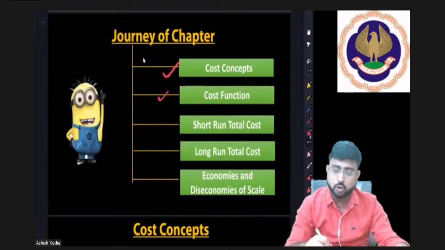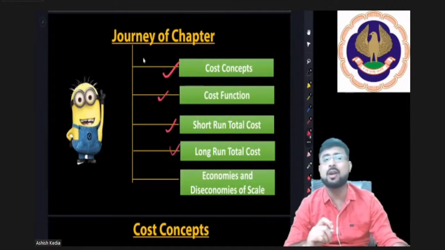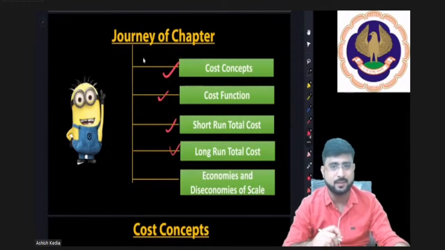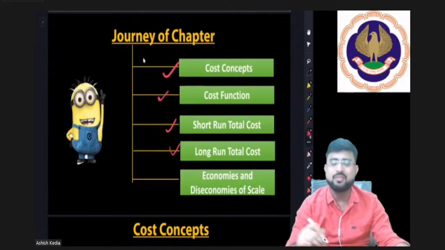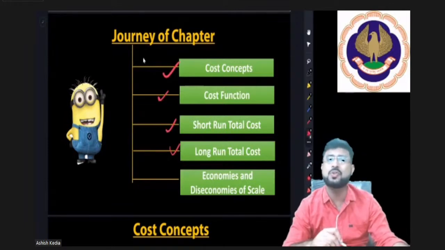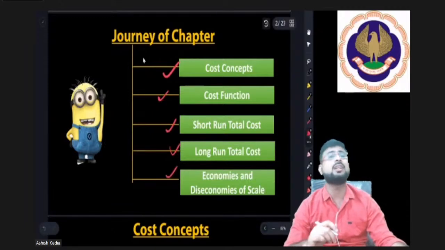Then we will talk about short run and long run cost. The way we had short run production and long run production, same way we have short run cost concepts and long run cost concepts. That's why I told you both are related. And eventually, economies and diseconomies of scale.